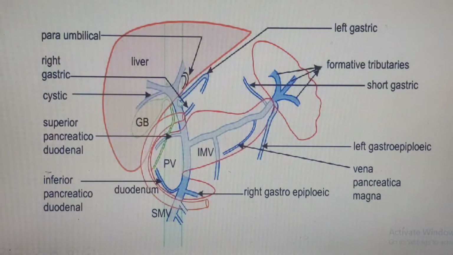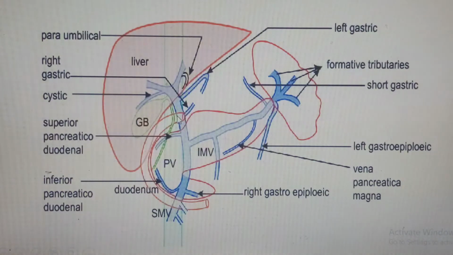However, the left and the right gastric veins drain directly into the portal vein. But short gastric veins drain into the splenic vein, and then from the splenic vein into the portal vein. It's not direct.